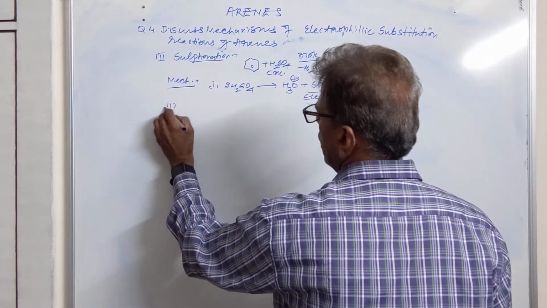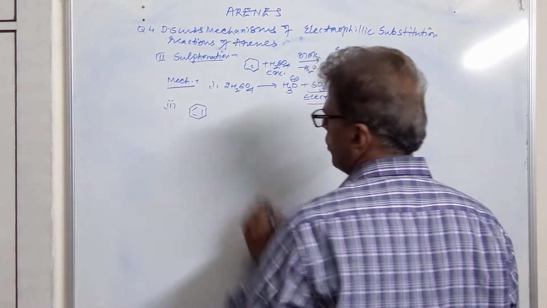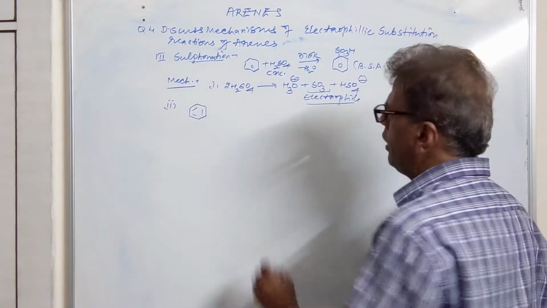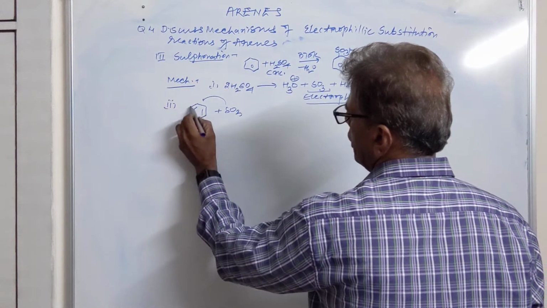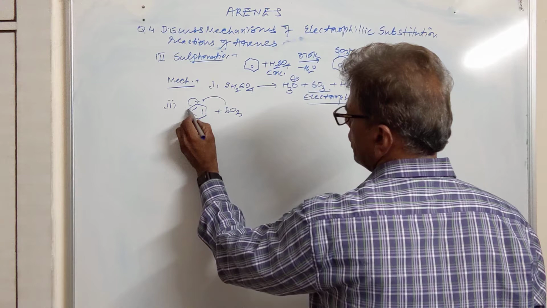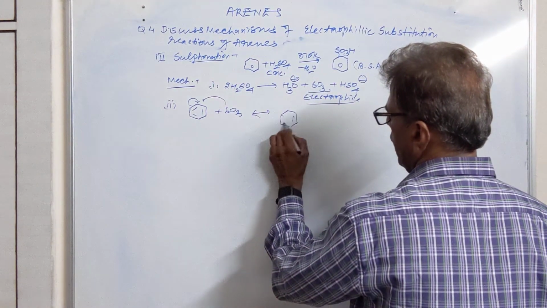So it will be in search of electrons, as was done by chloronium and nitronium ion. So this SO3 goes to the benzene ring. This pi electron comes at this terminus. Positive charge will go there, and it will produce a structure like this.